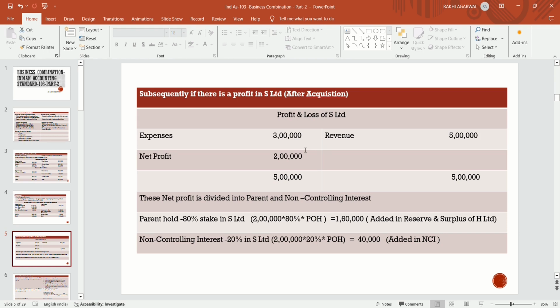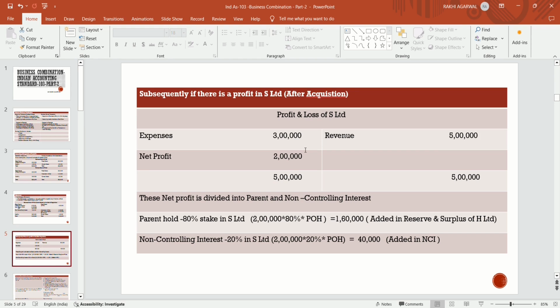There is an existence of S Limited, so whatever profit they earn, like if they are earning 5 lakh rupees, and after expenses the net profit becomes 2 lakhs, these profits, subsequent to acquisition, are divided between the parent and the non-controlling interest, that is, the holding company and non-controlling interest, in the percentage of the investment they have acquired.